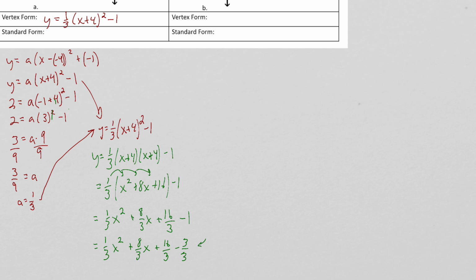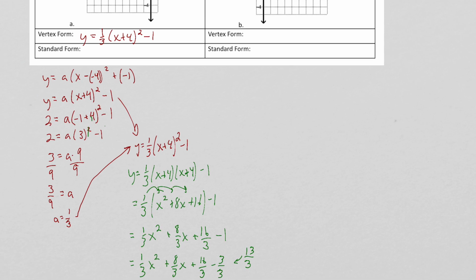And then that piece right there comes down to be 13 over 3. So I can write it right here: 1/3 x squared plus 8 over 3 x plus 13 over 3. Kind of squeeze it in there. Hopefully that makes some sense.